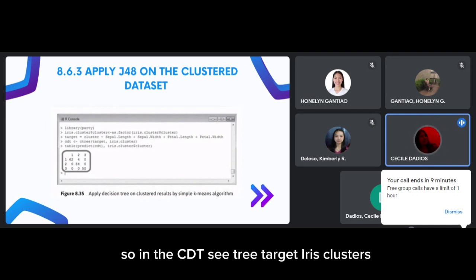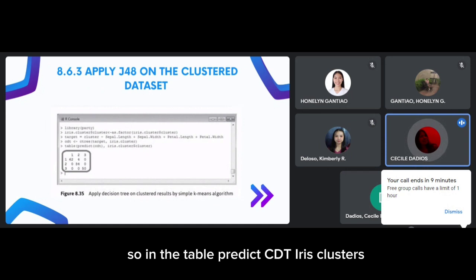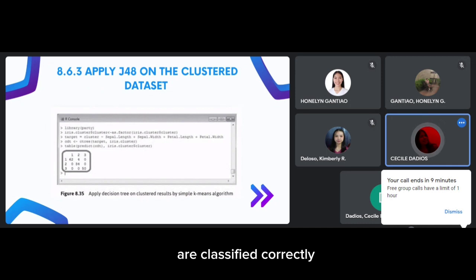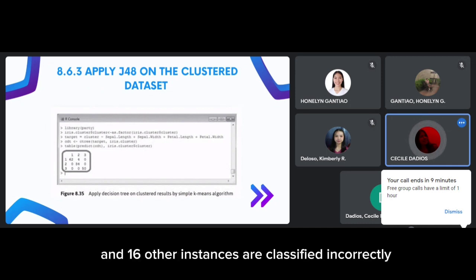And ctree, target, iris clusters, is the application of a decision tree. So in the table, predict ctree, iris clusters, is the prediction of classes. So the confusion matrix in figure 8.35 shows that the 50 instances of Setosa are classified correctly and 16 other instances are classified incorrectly.